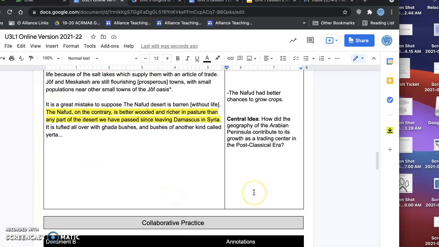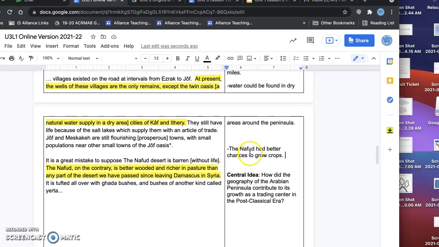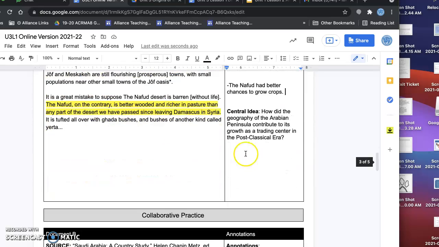Once you do that, now we're ready to answer the central idea. The central idea once again says, how did the geography of the Arabian Peninsula contribute to its growth as a trading center in the post-classical era? So we first want to start off by writing "according to."